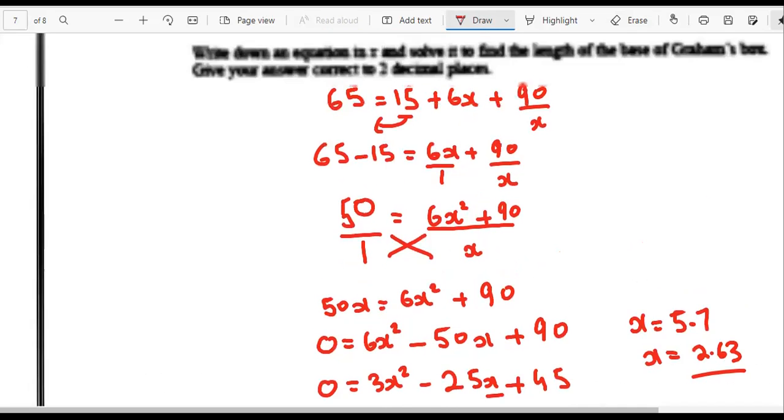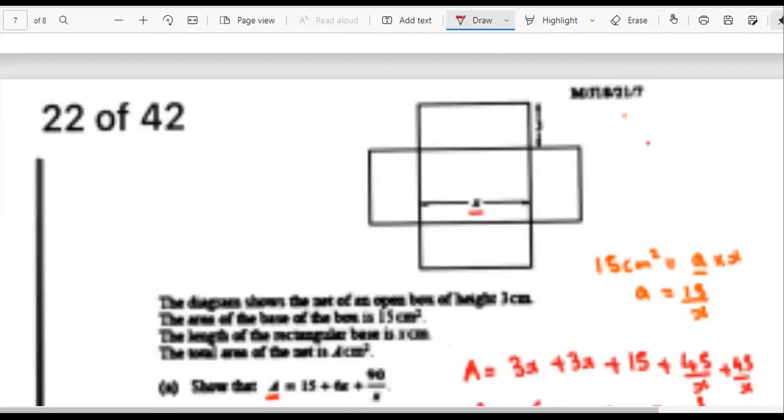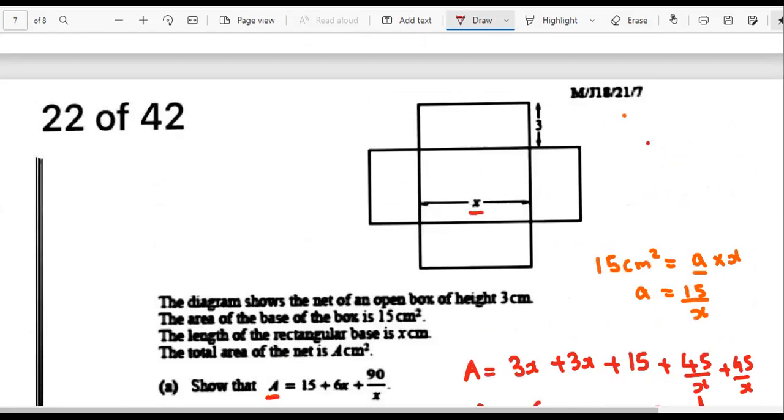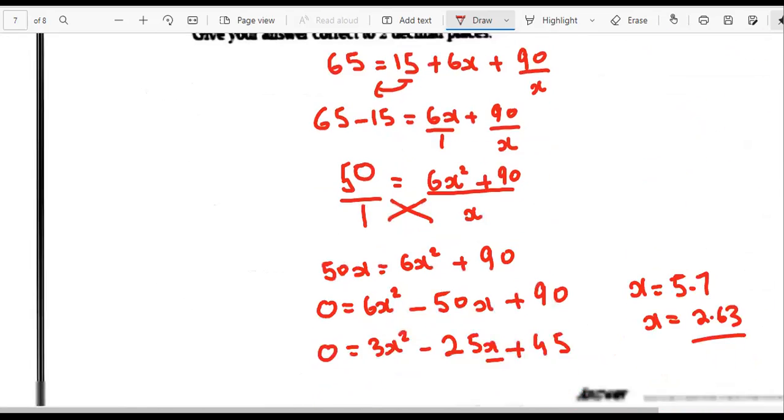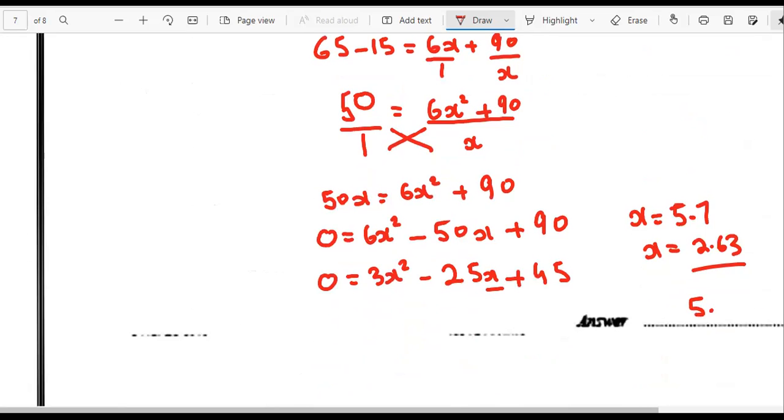Now we need to use some basic things and then think about it. Okay, so obviously if this is 3, x cannot be 2.63, right? So x must be 5.7. So the answer is going to be 5.7 centimeters, right?